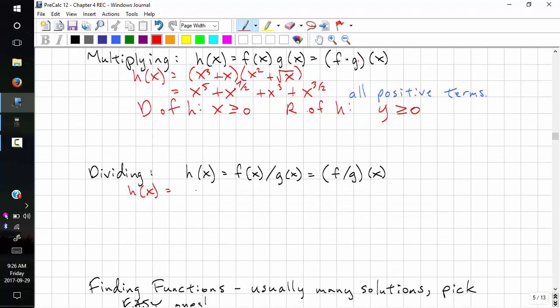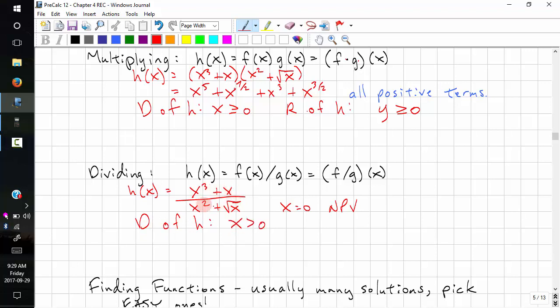Dividing. We have x cubed plus x over x squared plus root x. We have x equals 0 as our NPV. Again, all terms are positive, so domain of h: x is greater than or equal to 0.